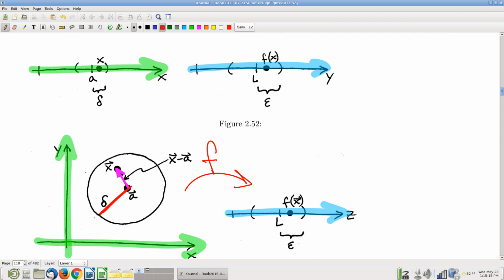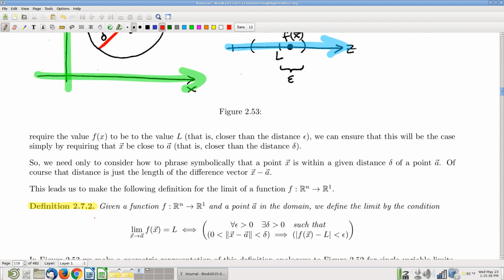Or said differently, I need for this point x to be within not an interval centered at A, but within a disk centered at A. So it's a sort of two-dimensional version of the definition that we have above. The way you write it down on the page, practically identical.